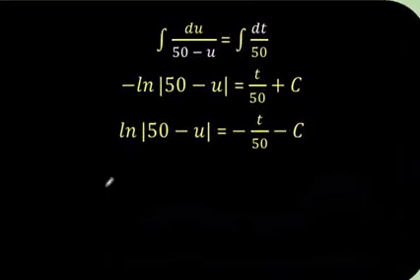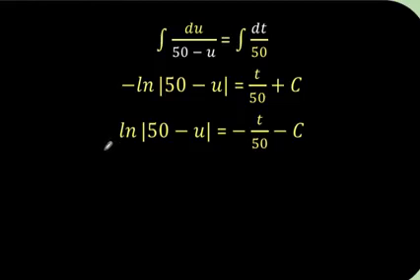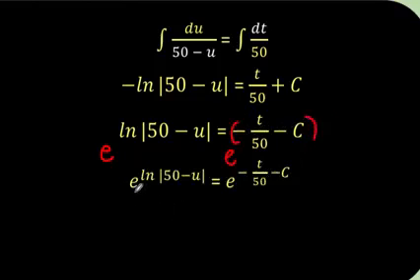Then to do away with ln, let's take the exponentials of both sides, meaning we raise the natural number e to this left side expression as the exponent, and we do the same thing at the right side. And so we now arrive at e raised to ln of the absolute value of 50 minus u equals e raised to negative t over 50 minus c.